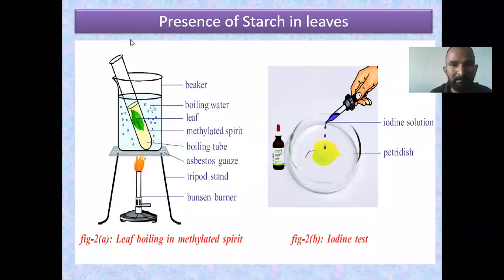The first is a beaker, the second is a test tube, also called a boiling tube, the third is an asbestos gauze, then a tripod stand, Bunsen burner, dropper, and Petri plates.